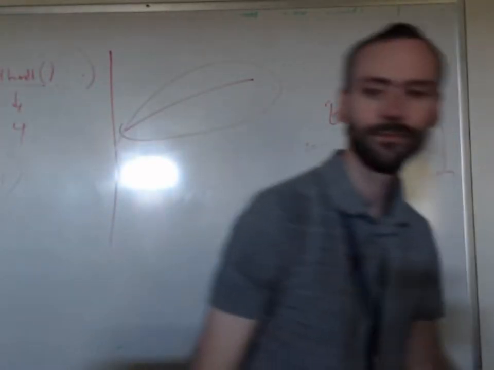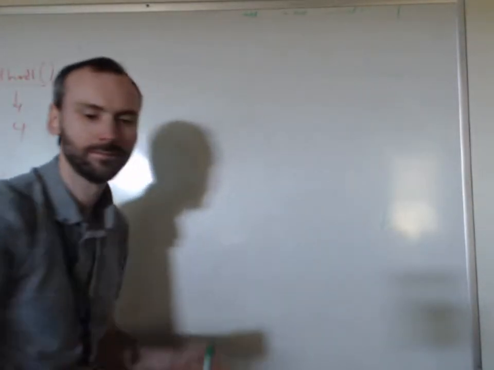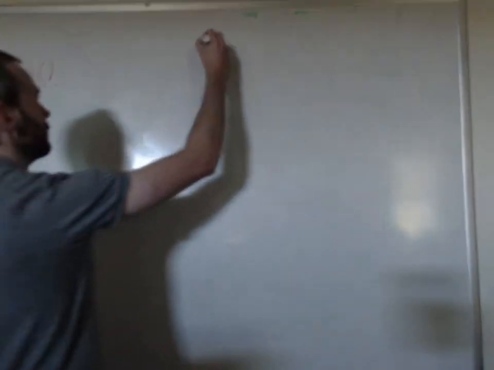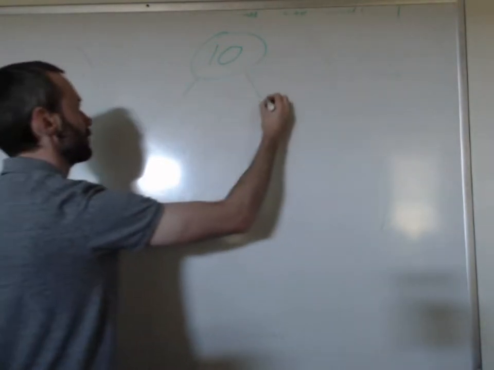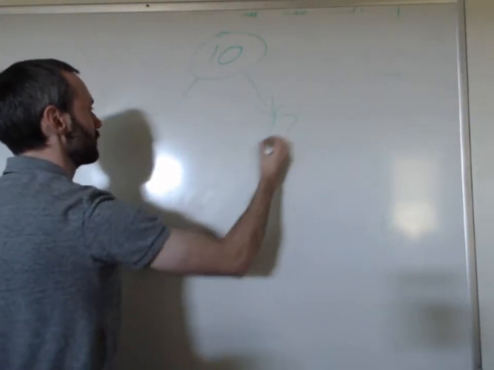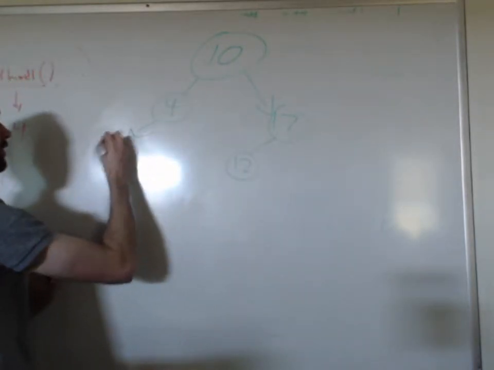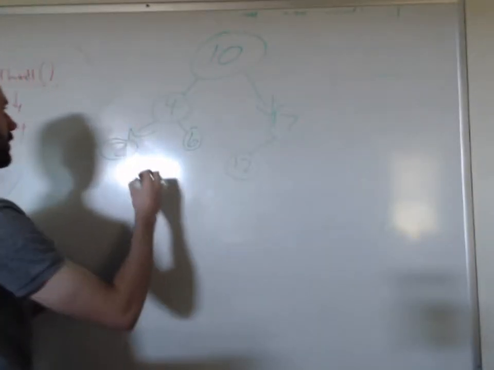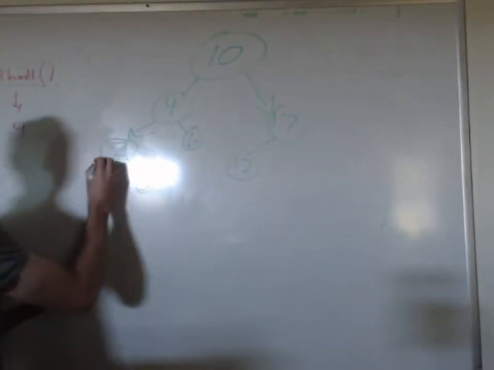Okay, so what am I asking? Exist in range. So if I have a tree, we'll say, all right, start giving me numbers. 17. 12. 4. 2. 6. 3. 1.